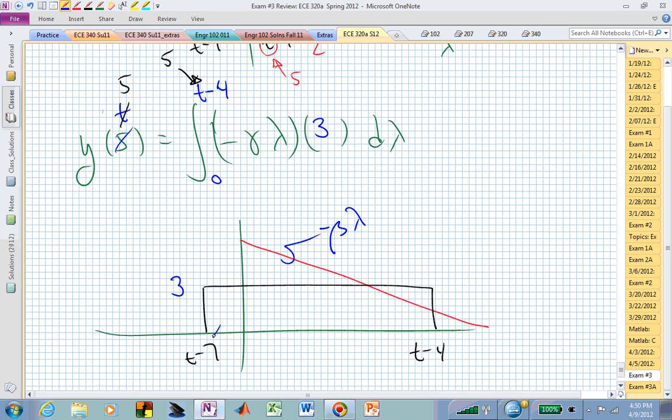What I'm interested in is not so much how these pictures overlap, it's their interval of support, their overlap, and the functional form of these. This guy is simply 3, and this one is minus beta lambda.